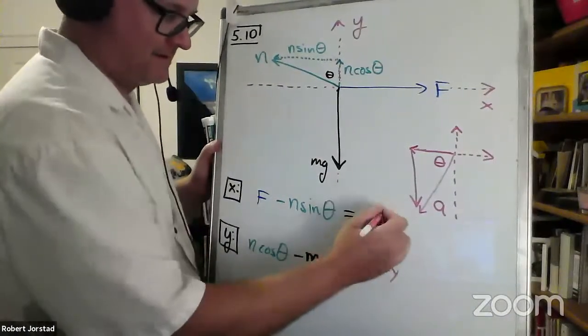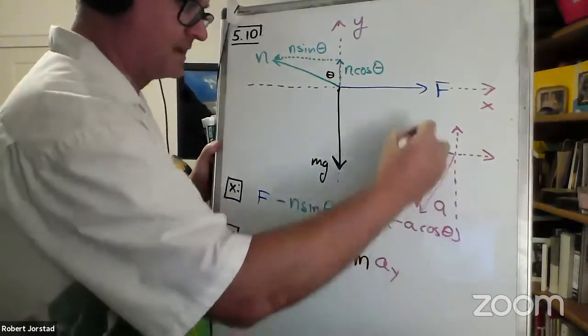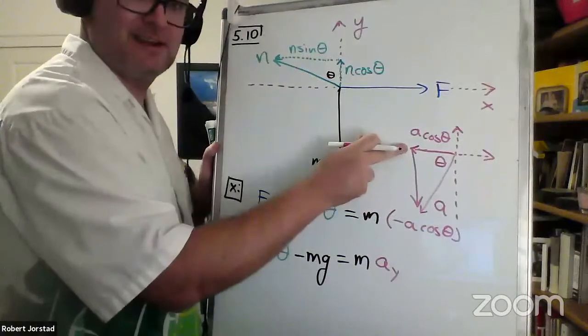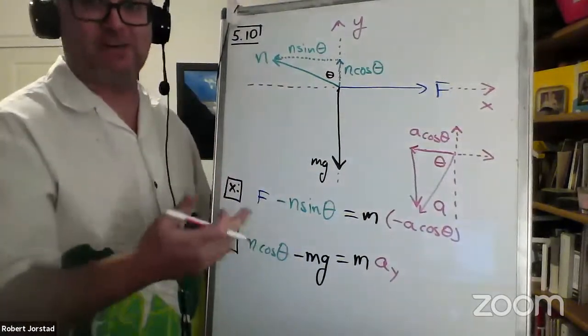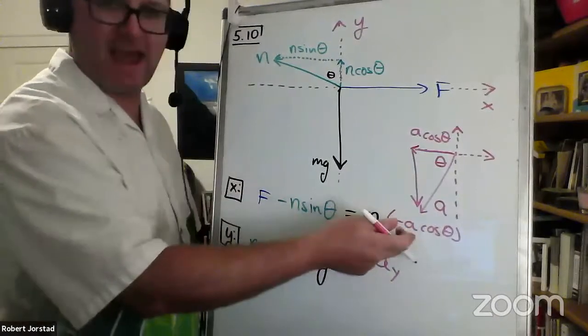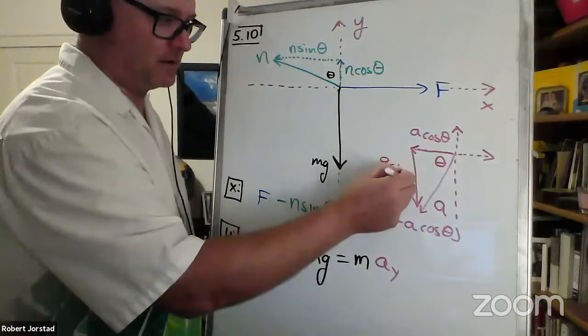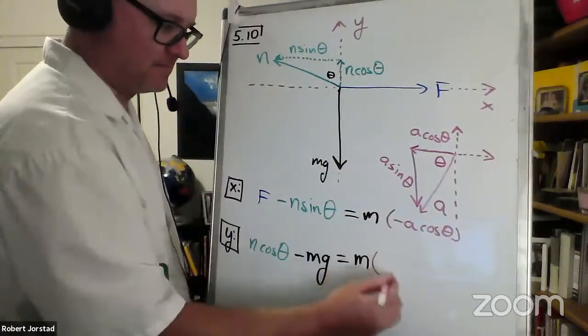Yes, because this is A cosine theta to the left. And so there we see that all the time we save doing this, now we have to add it in. We spend a lot of time on this. I'll go into this in just a second. So what's AY going to be?